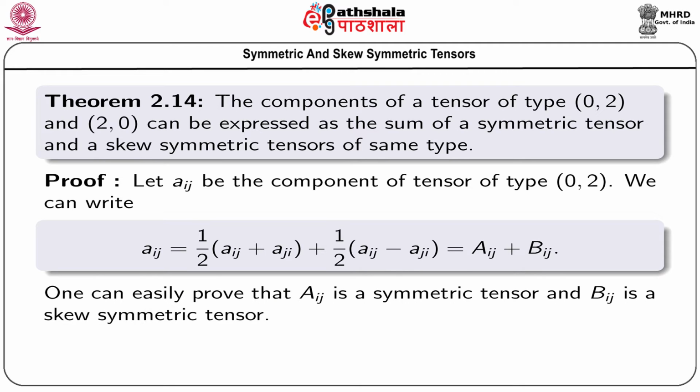Then we can easily see that capital Aij is a symmetric tensor and Bij is a skew symmetric tensor. So, every tensor of type 0 2 can be expressed as a sum of a symmetric tensor and a skew symmetric tensor.